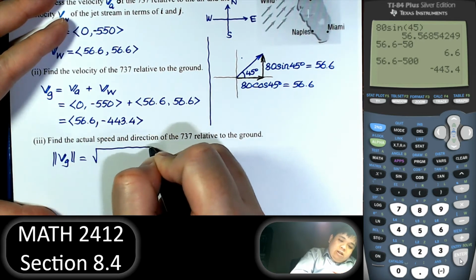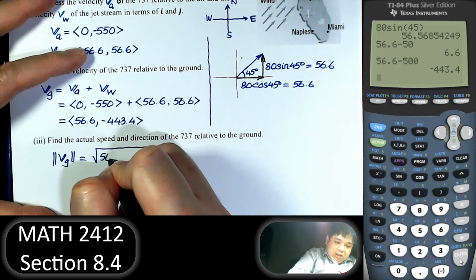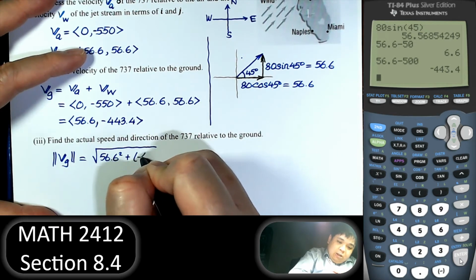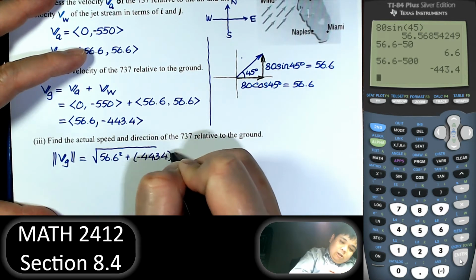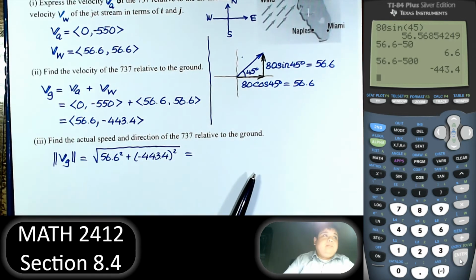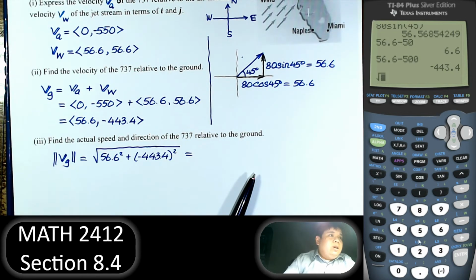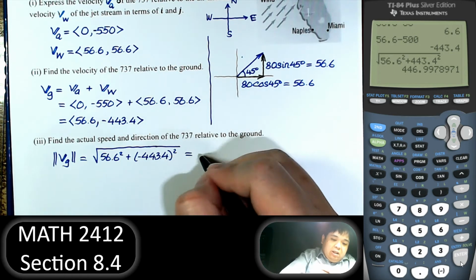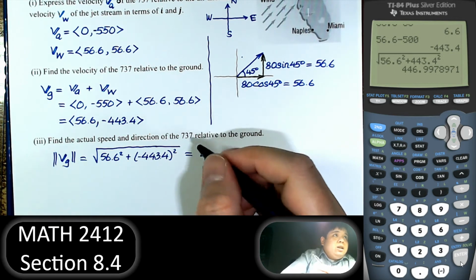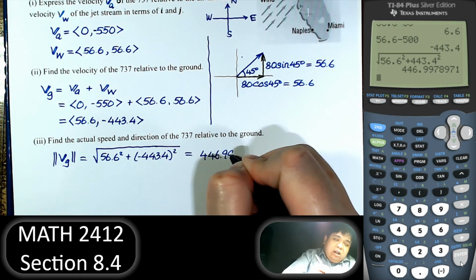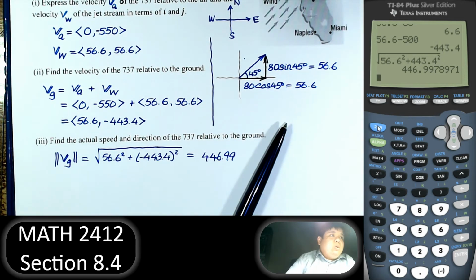So it is the square root of the sum of the squares of the components: square root of 56.6 squared plus 443.4 squared, and that gives us 446.99.